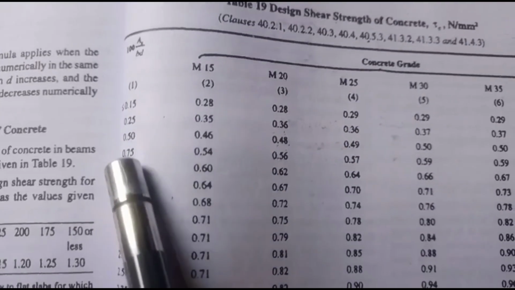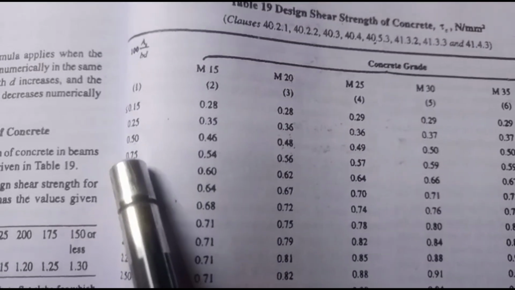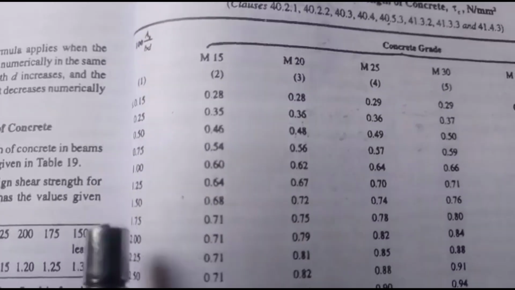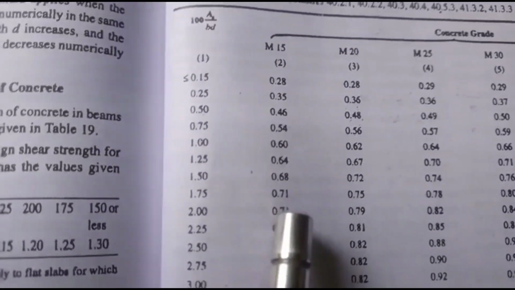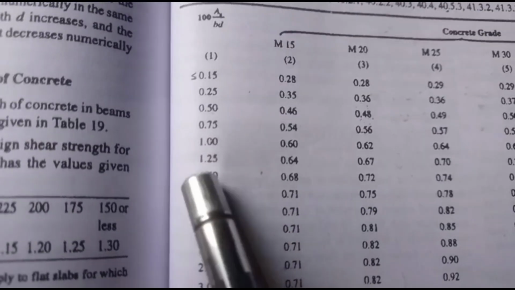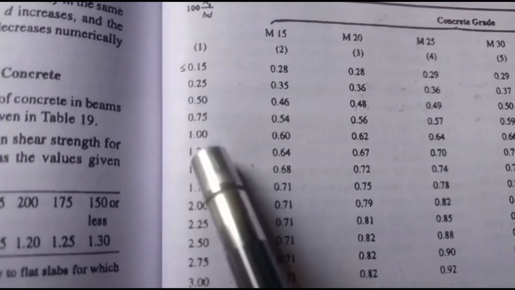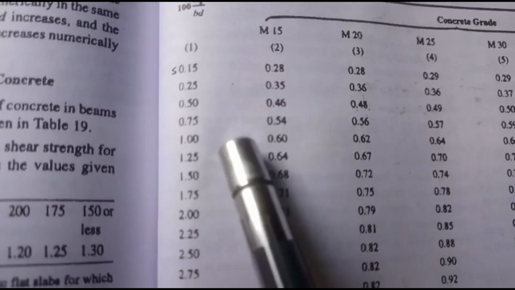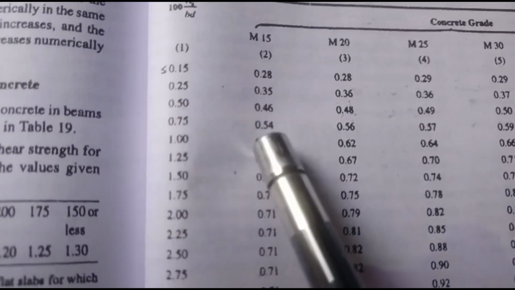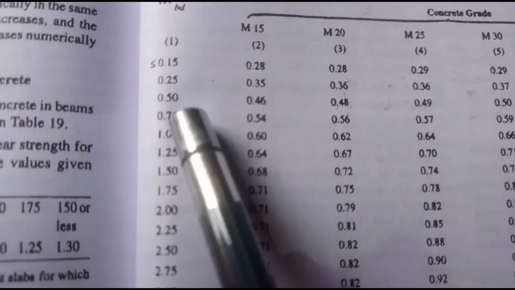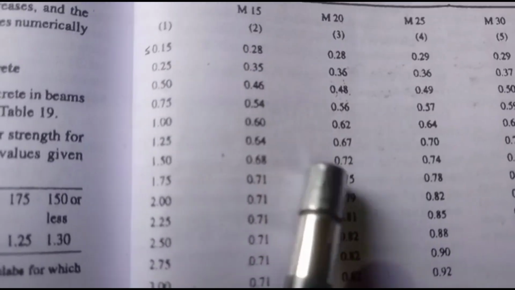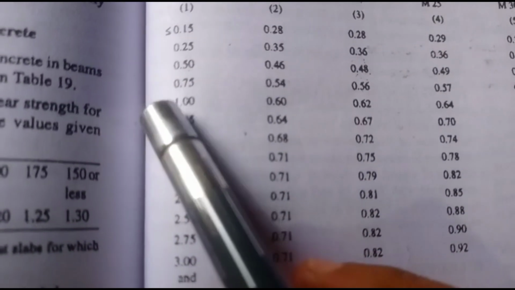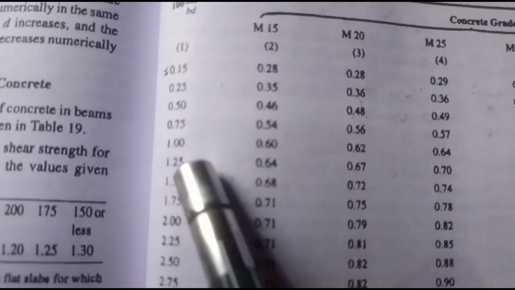This column has the PT value, percentage of tension steel reinforcement. So why we need to calculate the PT value means this column has the PT value, that's why we need to calculate the percentage of tension steel reinforcement. Our PT value which we got was 0.89. So 0.89 comes in between 0.75 and 1.